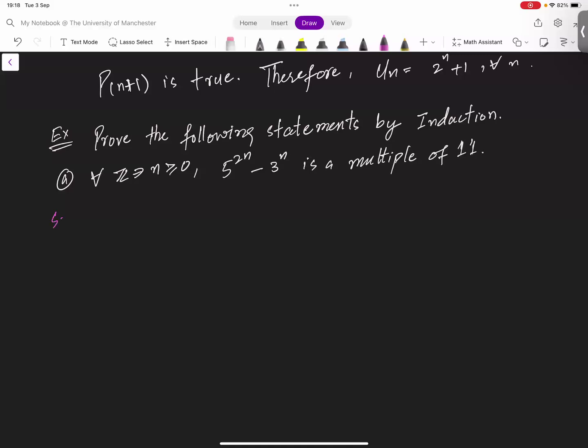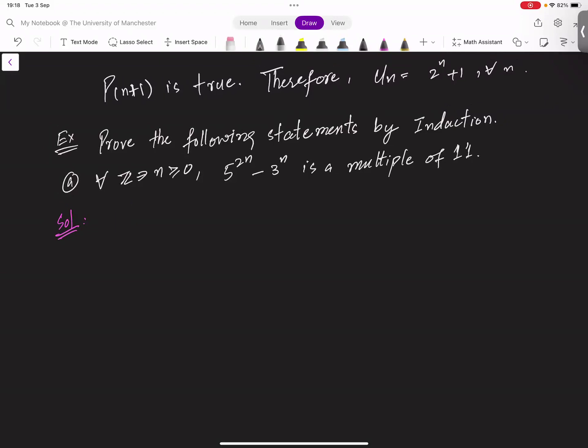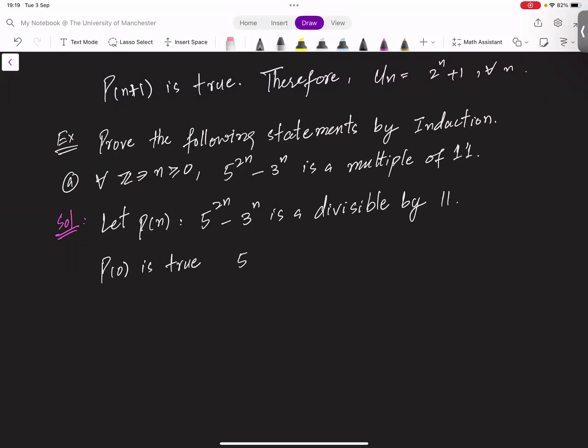Let's give the solution. To solve this, let P of n be the statement that 5 power 2n minus 3 power n is a multiple of, is divisible by, 11. Then P of 0 is true.